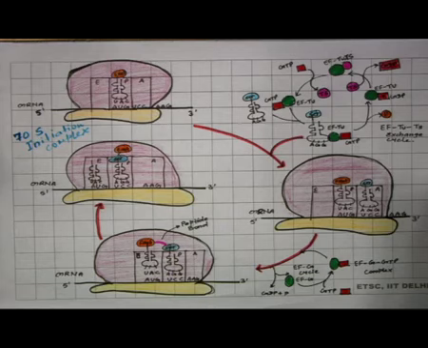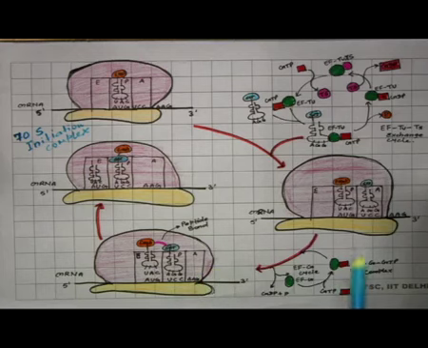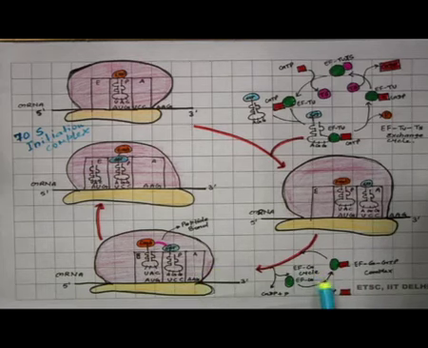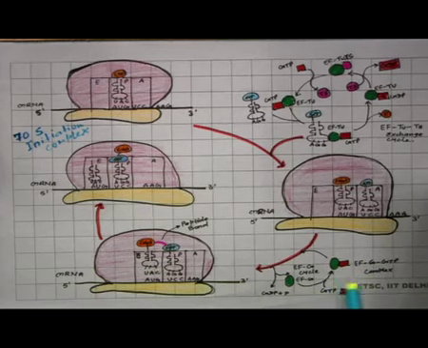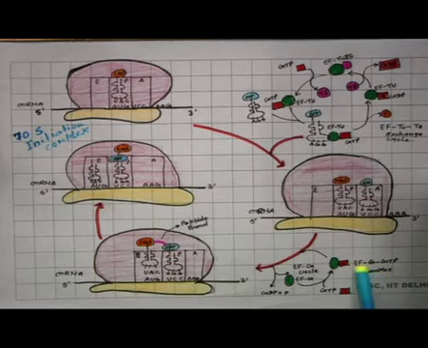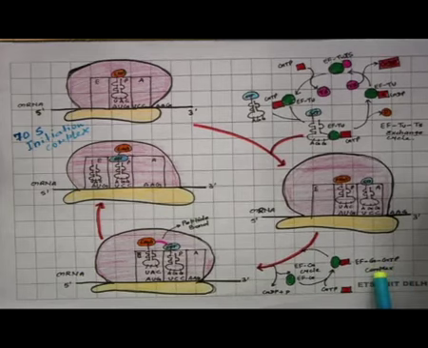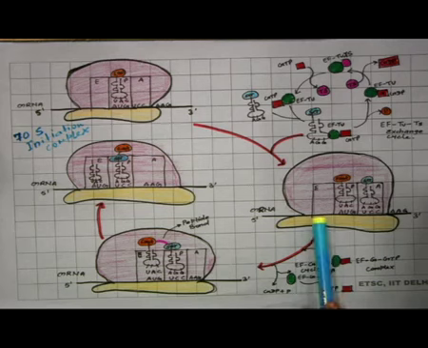Translocation requires elongation factor EF-G. You can see in the diagram that the movement of the ribosome one triplet codon ahead requires elongation factor G. Elongation factor G, with the help of a GTP molecule, forms the elongation factor G-GTP complex, and this complex helps in the translocation of the ribosome one triplet codon ahead towards the 3 prime end.